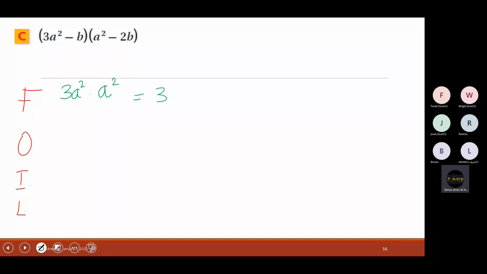No. A squared times a squared is the variable. Then we add the power. A squared, plus, is 2 plus 2. 4. So it will be 3a to the power of 4. Multiplying two monomials.